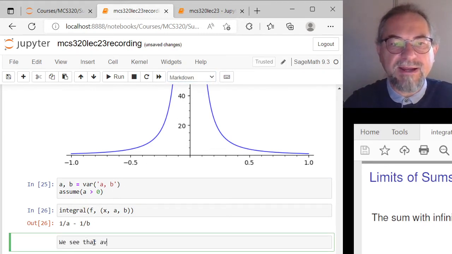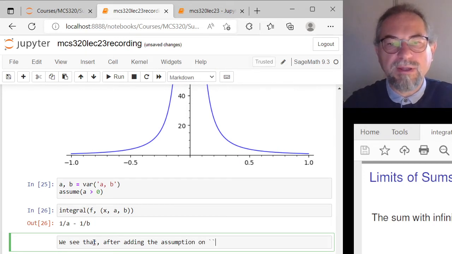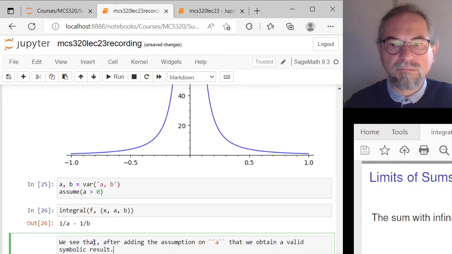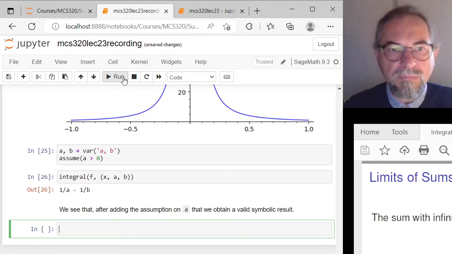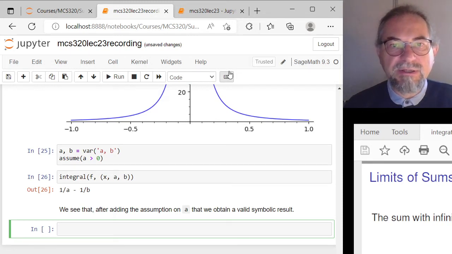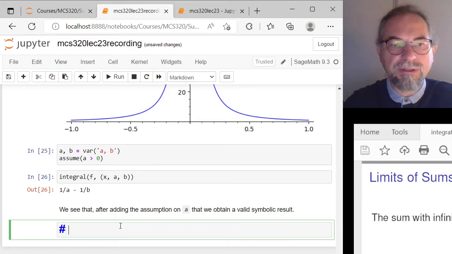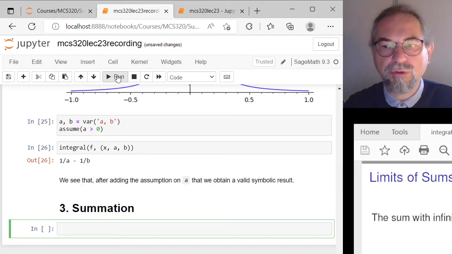So we see that after adding the assumption on a, we obtain a valid symbolic result. Okay, so the integration is a limiting case of summation, so that will be my third section in this Jupyter notebook.